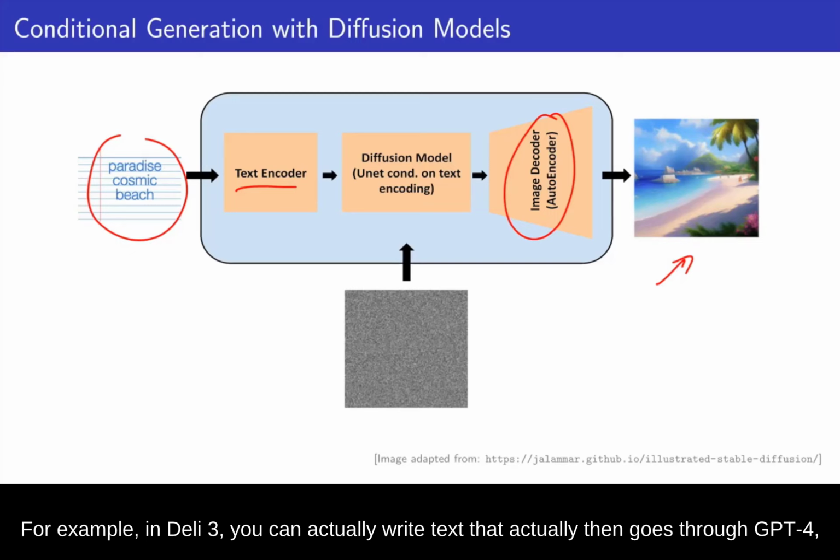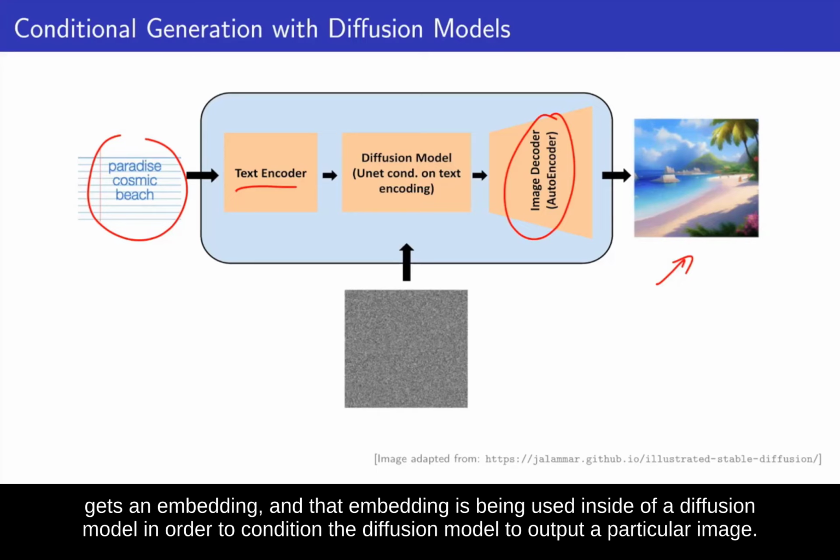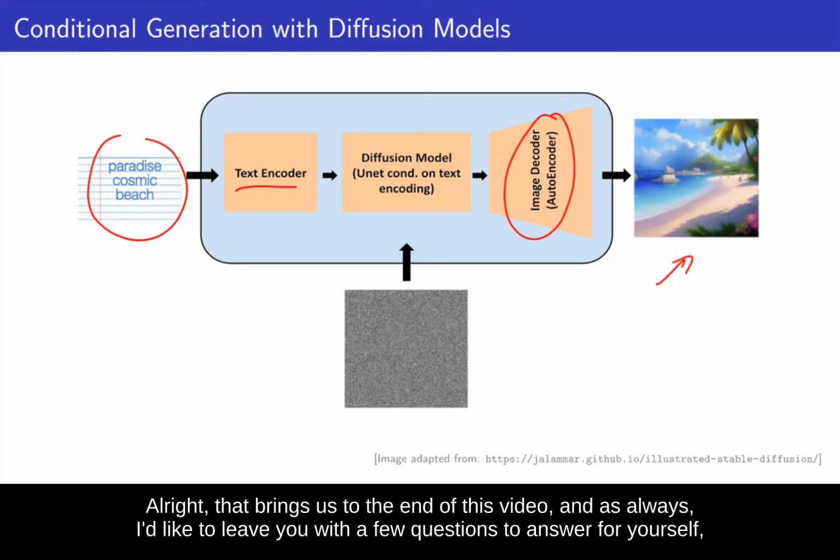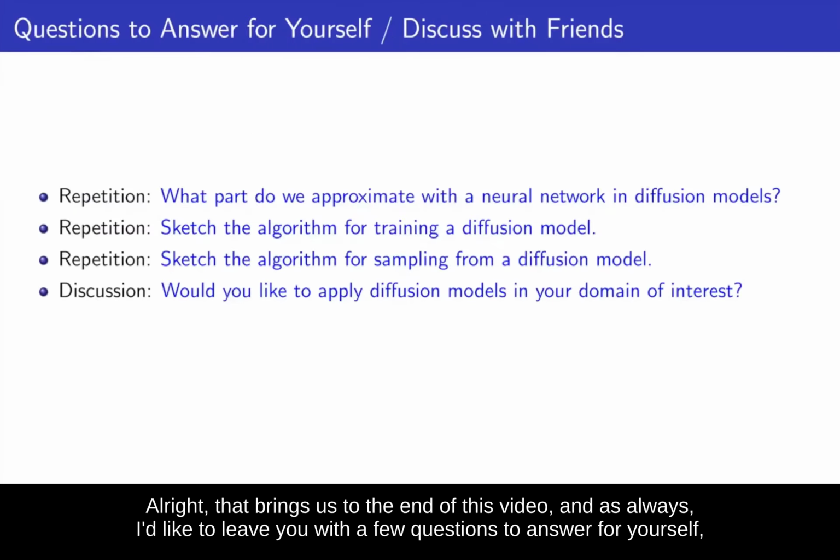For example, in DALL-E 3, you can write text that then goes through GPT-4, gets an embedding, and that embedding is used inside of a diffusion model in order to condition the diffusion model to output a particular image.